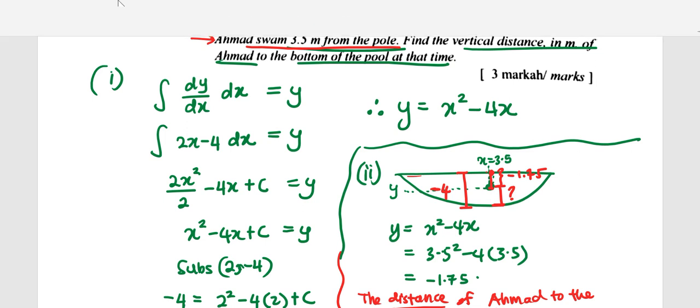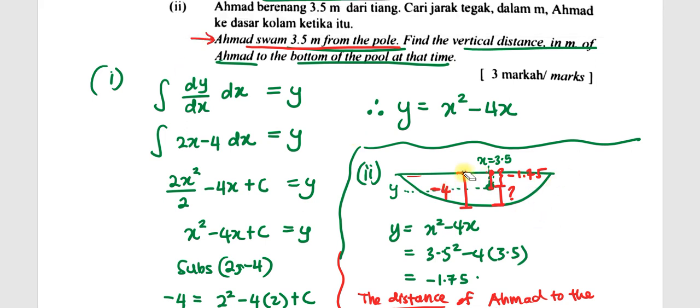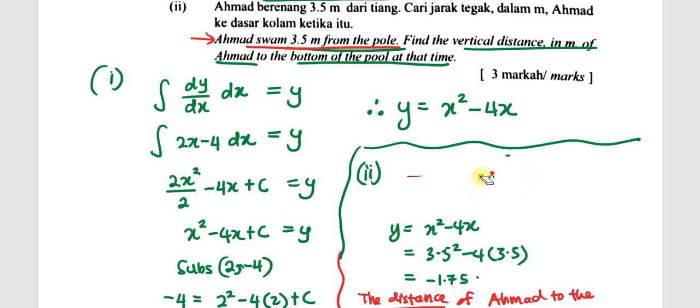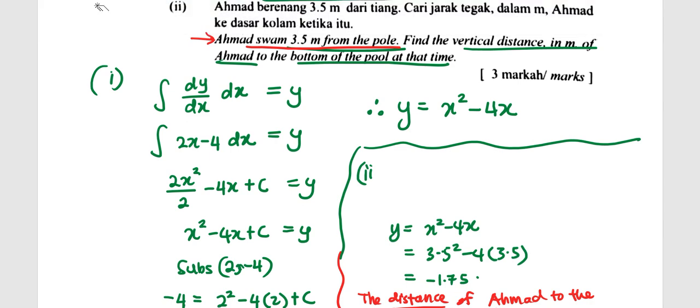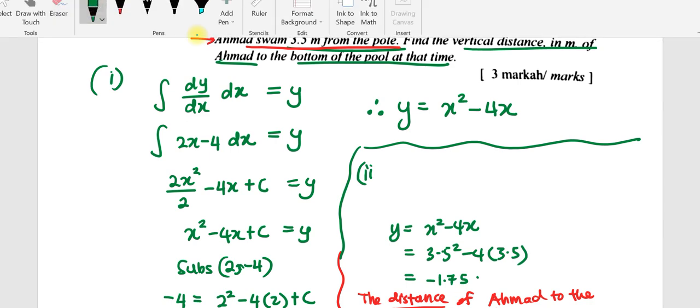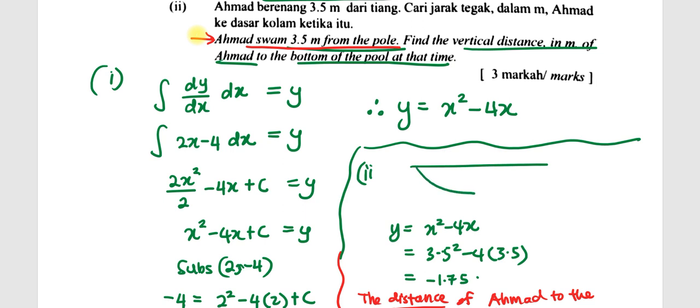So I think the diagram I drew might be a little confusing. Let me redraw this. I do actually agree with the answer. Let me modify the diagram. 3.5 is almost close to 4, right? Just now I put it at the maximum point. So here is Ahmad and here is the distance.